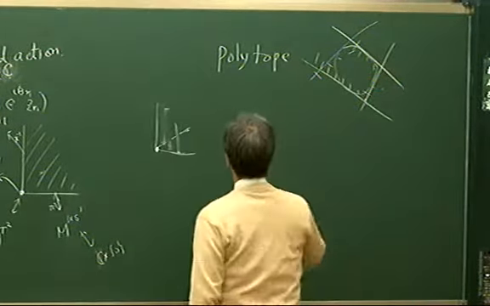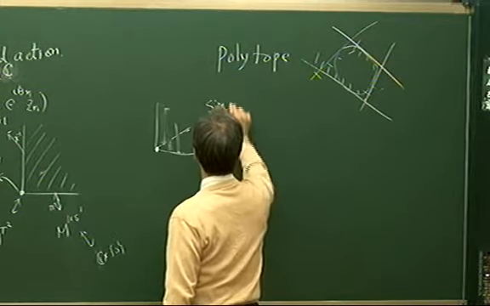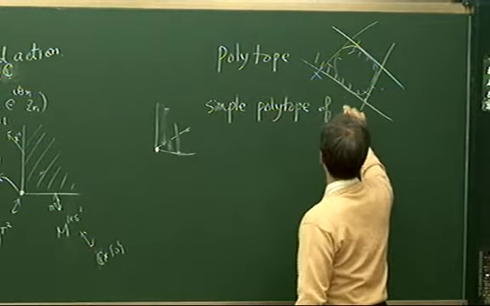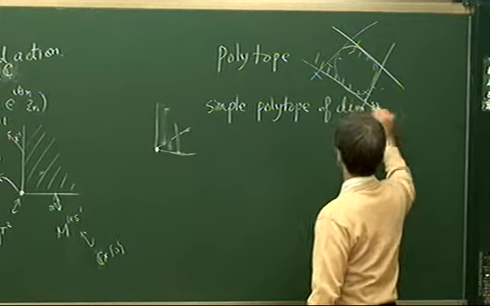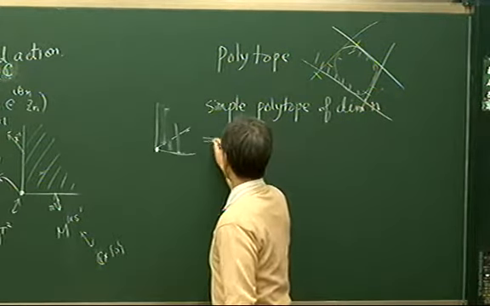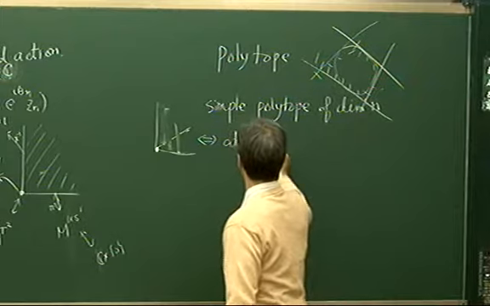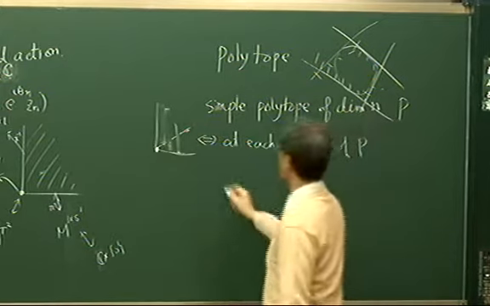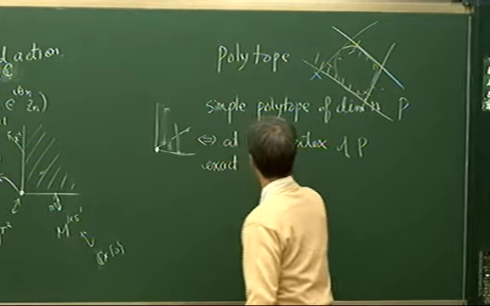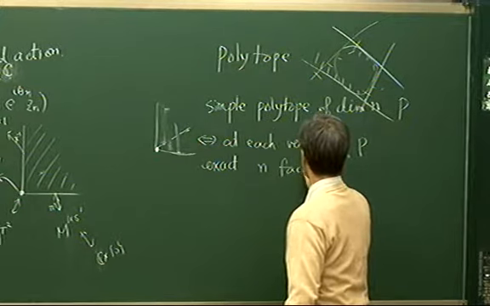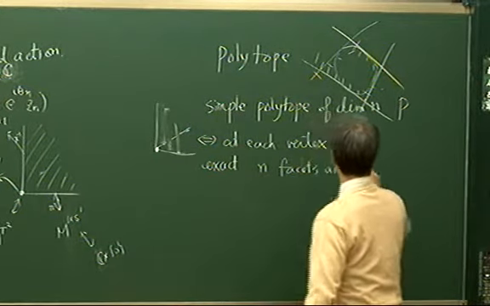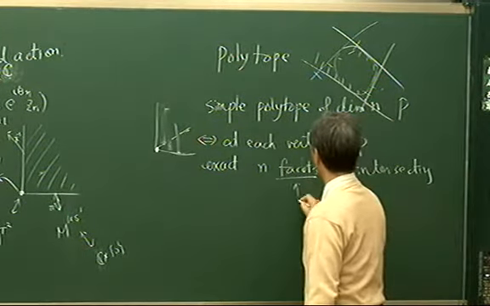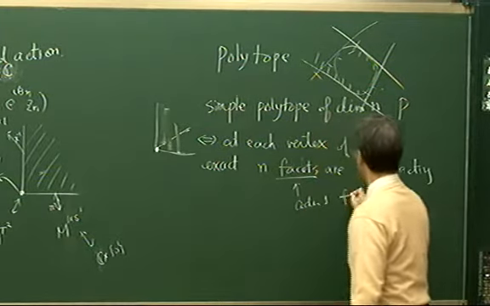Okay, but among polytopes we have something called a simple polytope of dimension n. That means at each vertex exactly n facets are intersecting. So what is a facet? A facet means a codimension one face.